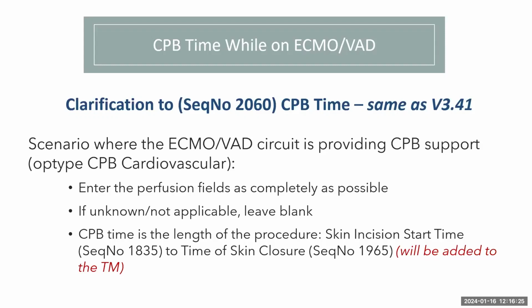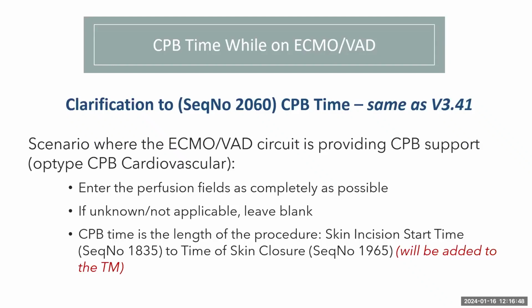So in the specific scenario where the ECMO or VAD circuit is providing CPB support for a case, and your op type is CPB cardiovascular, you're going to enter the perfusion fields as best as you can. We understand that perhaps you don't have cooling time, perhaps you don't have other features that we usually capture when somebody is on CPB.